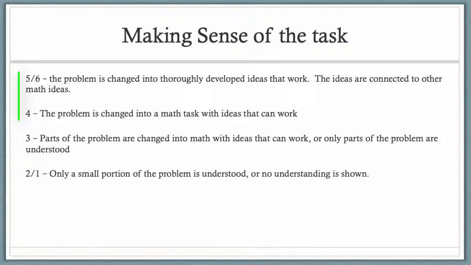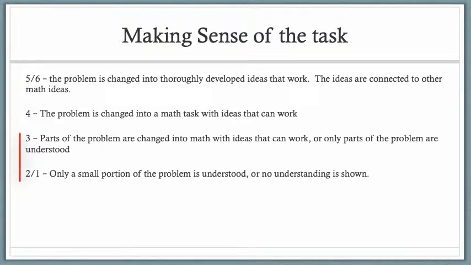You're developing the ideas, interpreting it correctly, understanding what's happening. For a score of 4, you're simply taking the word problem and interpreting it into the right math tasks that'll get you to the right answer.